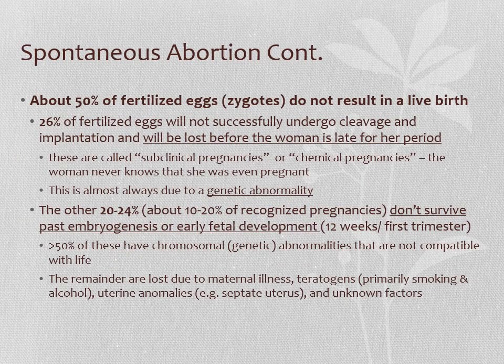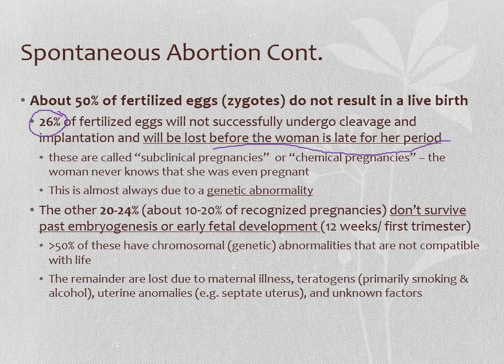This is the same information in text form, and I just want to point out to you that those first 26% or so were lost before implantation. So remember, that is before she is late for her period. And it is likely before a pregnancy test was even positive, or it may have just been positive, right?